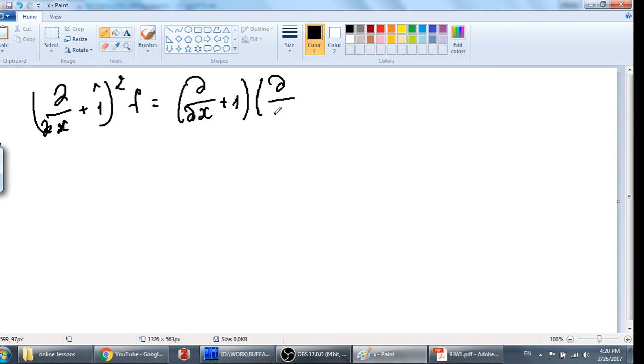Here's the first application of this operator to f. Now, d over dx acting on f makes the derivative of f, and this one acting on f makes just f, so it doesn't change it.